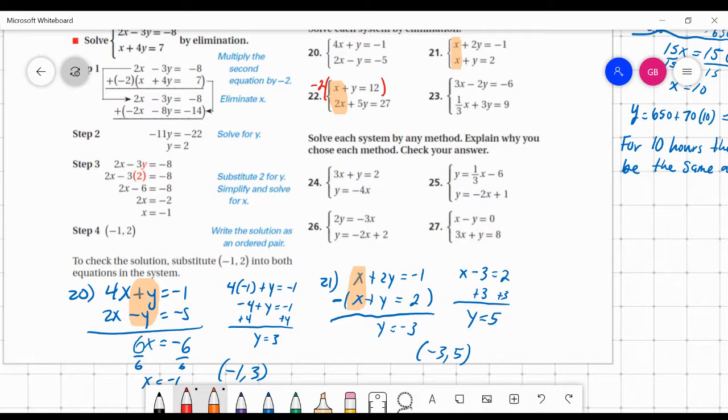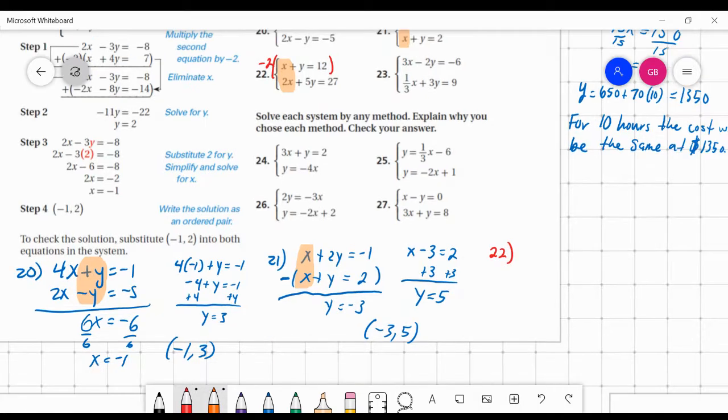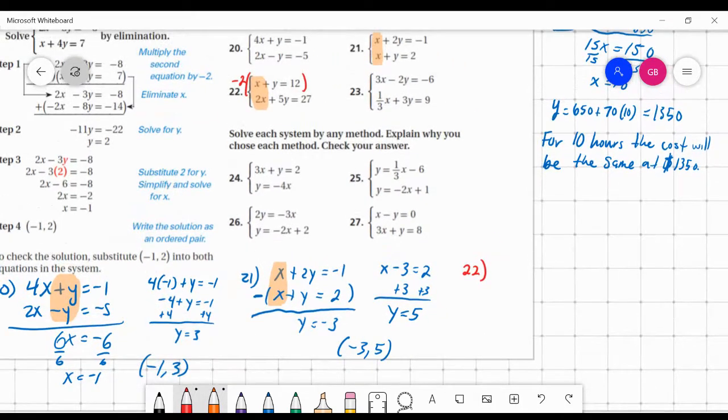Okay. So for 22, I'm going to go ahead and multiply down here. So negative 2 times x is negative 2x minus 2y is equal to negative 24. So I multiplied everything by negative 2. The second equation, I'm just going to copy. And you can see that this eliminates.